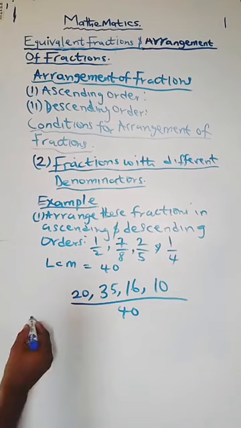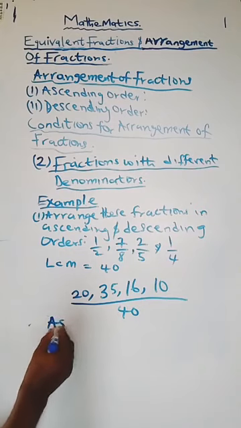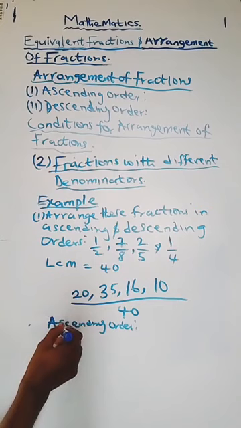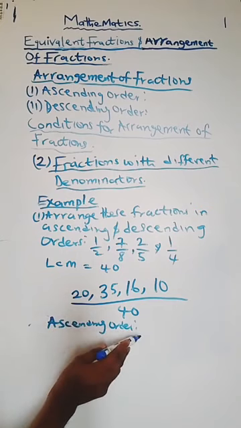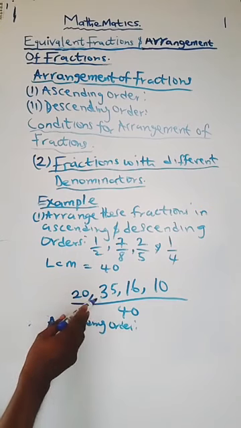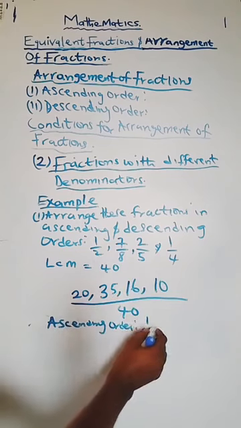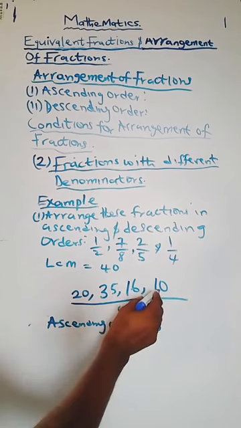Now let's look at ascending order. Ascending order is from the smallest to the largest, right? Which fraction has the smallest number here? 10. Which fraction has that 10? That is 1/4. Then which one is the next one? 16.